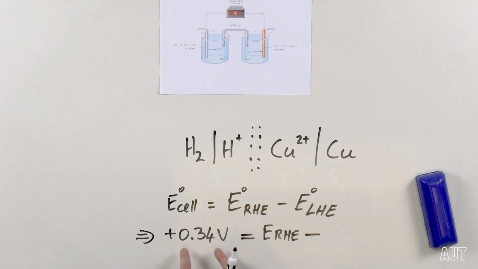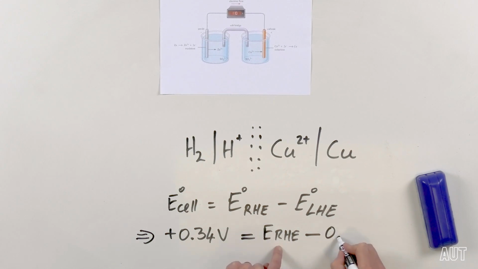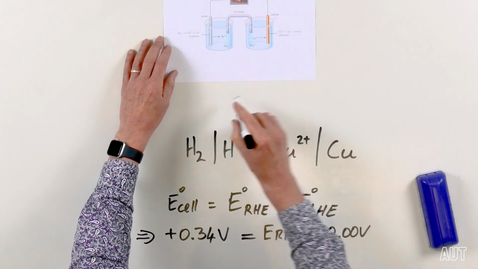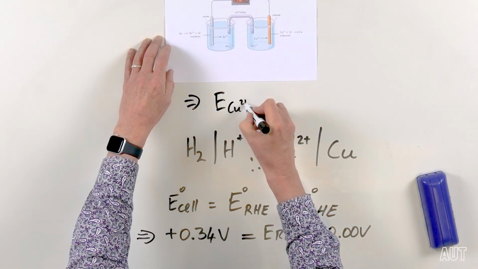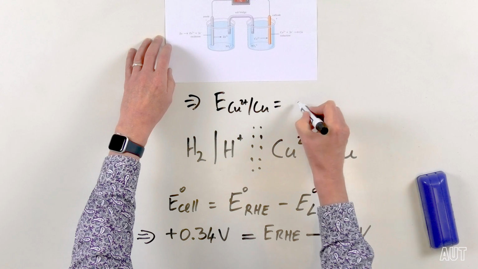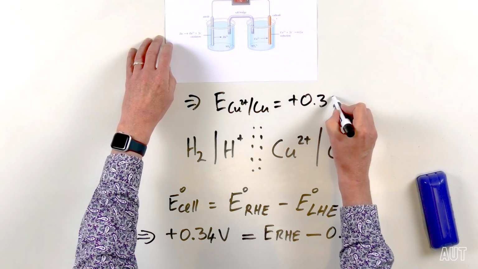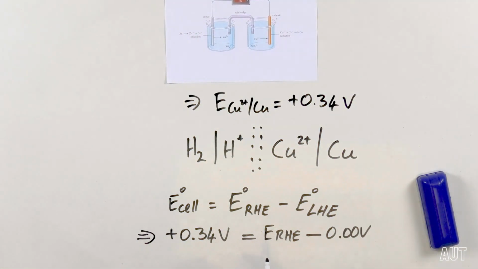So in other words, E cell is equal to the E right hand minus E of the left hand, which is 0. So therefore, E naught of copper 2+ copper is equal to plus 0.34 volts.